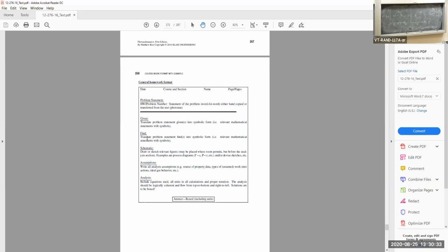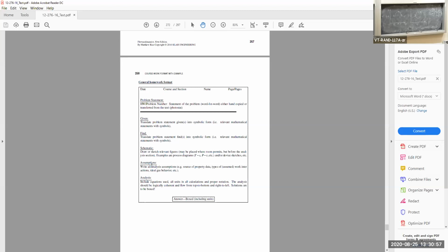What is it you were supposed to find? Give the symbols, the variables, and the mathematical expression for what you were supposed to find. Then if there are any schematics or pictures given with the problem, you should have the schematics.